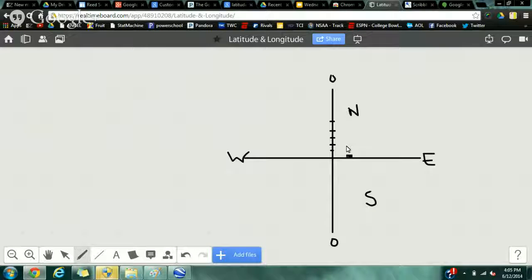But basically, if you count north, you have 1 degree north latitude, 2, 3, 4, 5, and that part is easy.